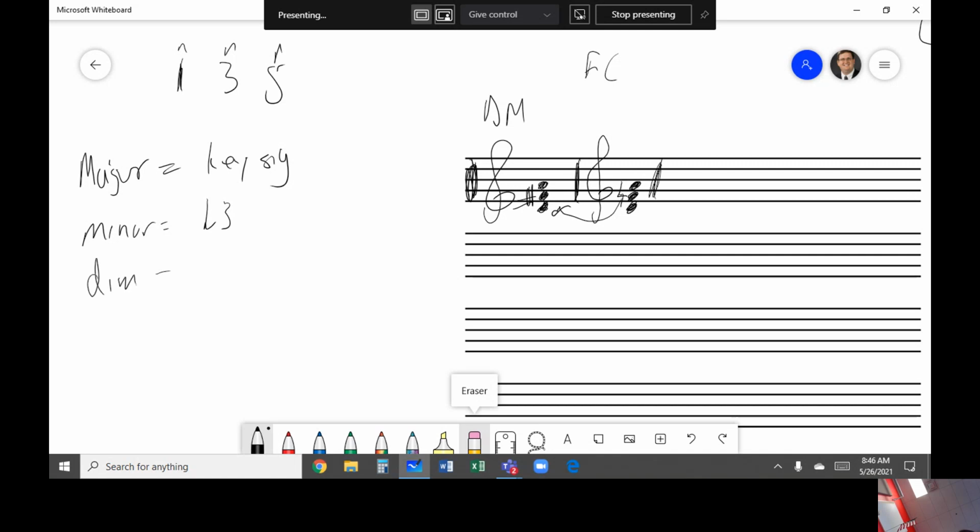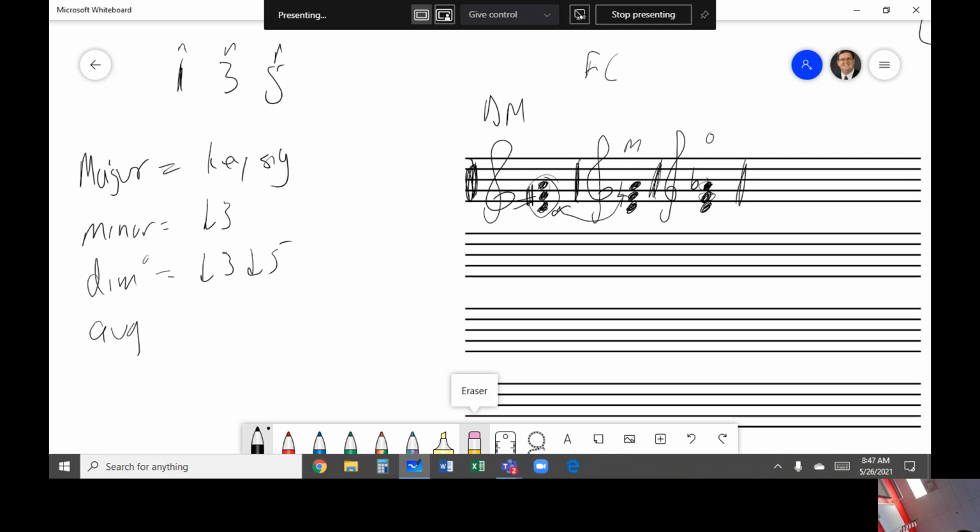Diminished, you lower the third, and you lower the fifth. So instead of D, F sharp, A, I now have D, F sharp lowers to F natural, A natural lowers to A flat. There's your D diminished. Diminished also is a little circle, okay?